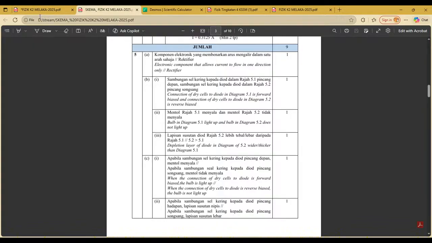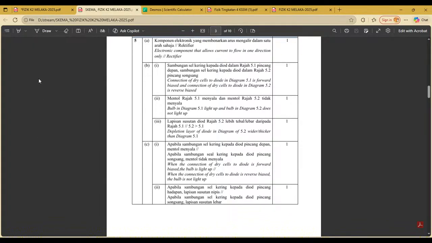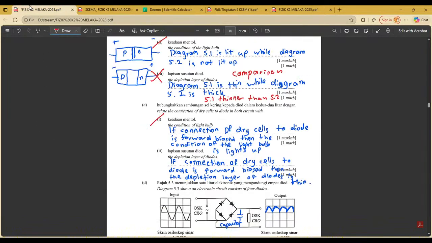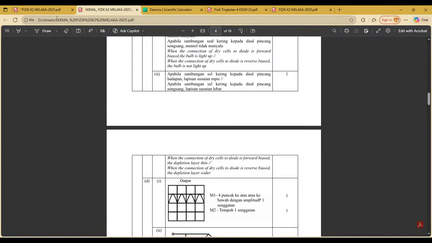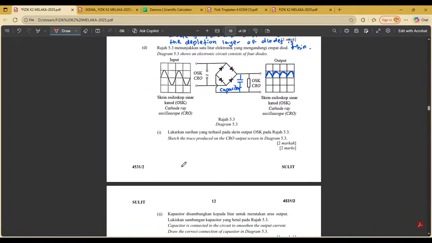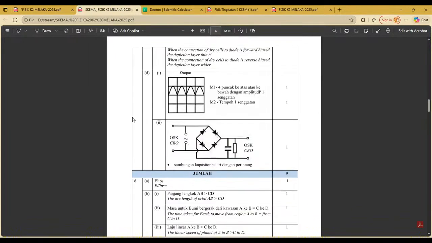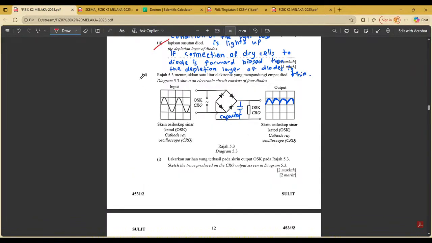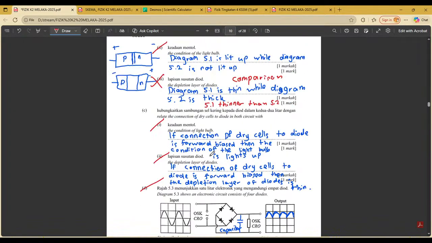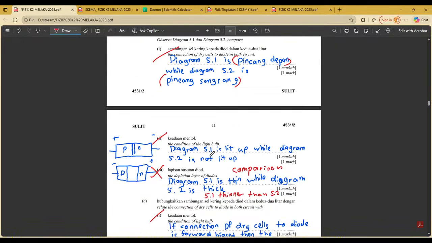When the connection of the diode is forward bias, the depletion layer of the diode is thin. I'll deduct one more.